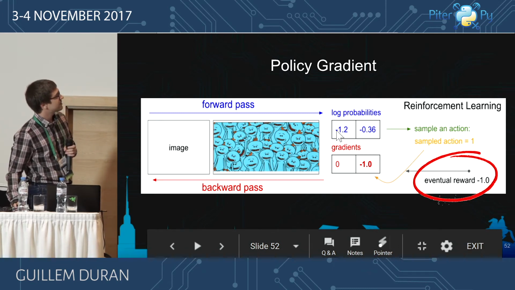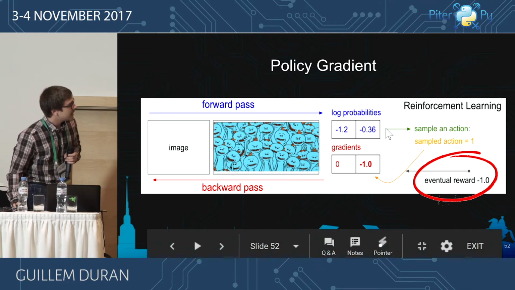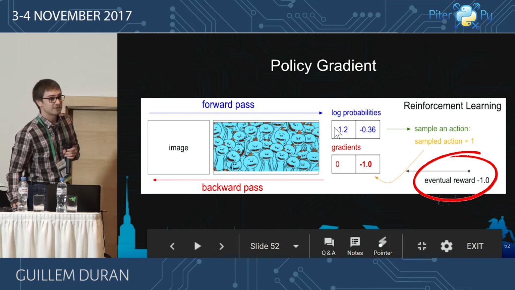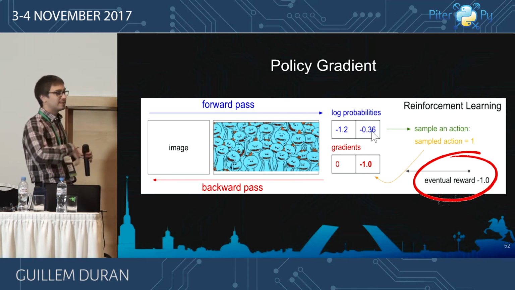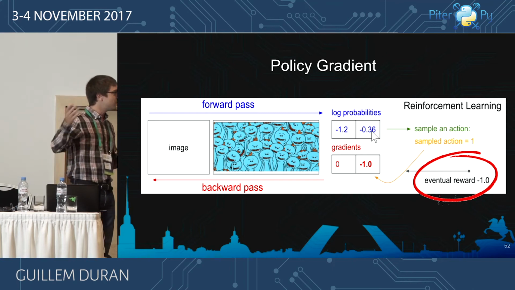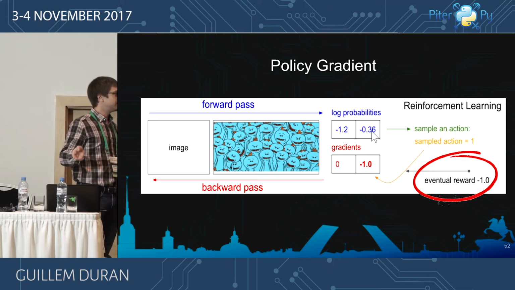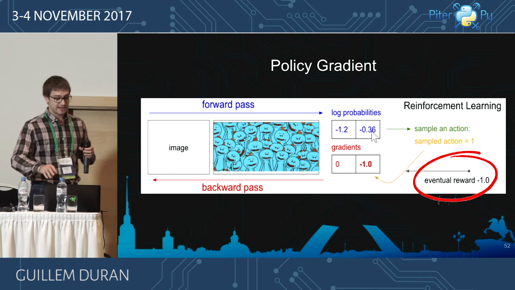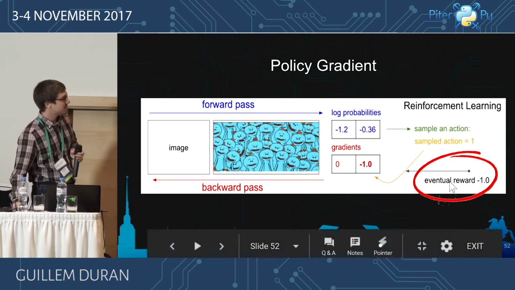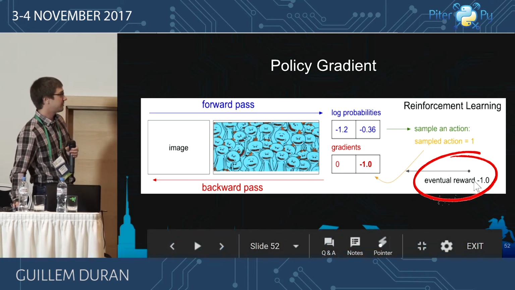In this case, you have an observation from your environment, you pass it to your system of statistics, and you get probabilities for each one of the actions. You can sample them, you can apply a greedy policy, do whatever you want, and move around. Eventually, you will be able to estimate the reward that you get from here.